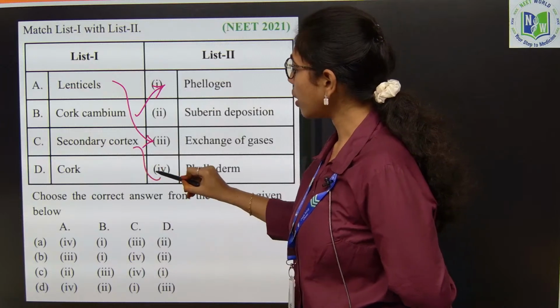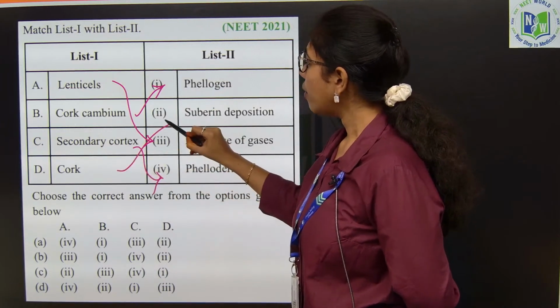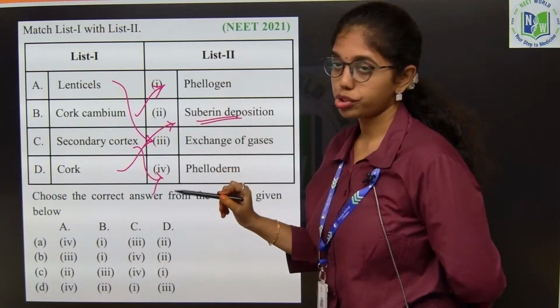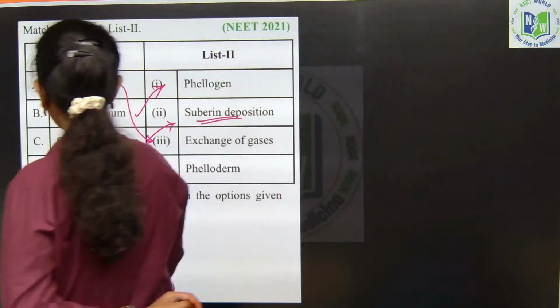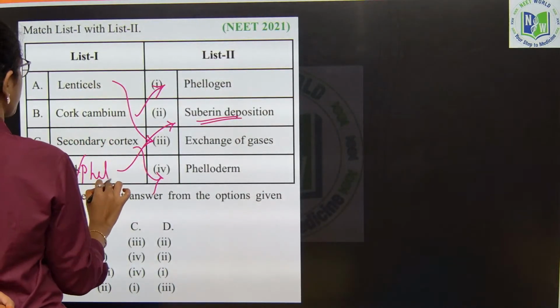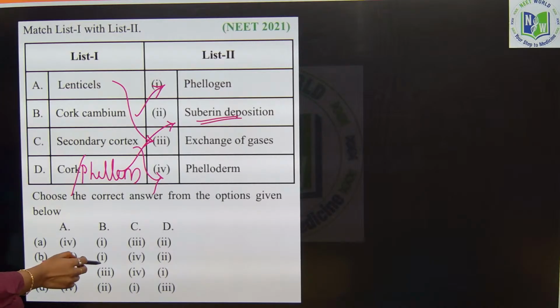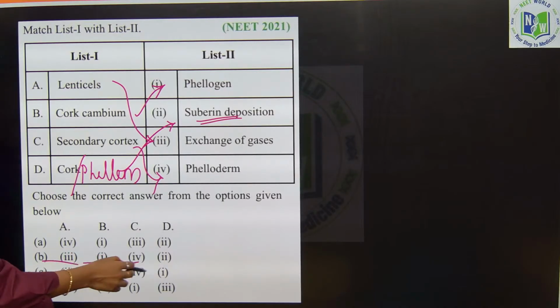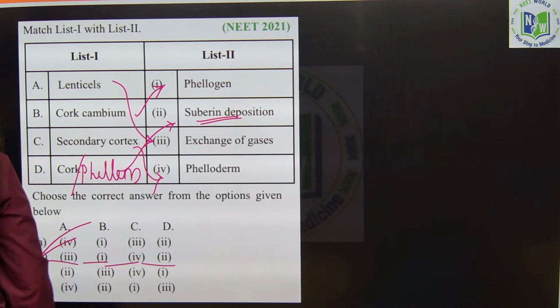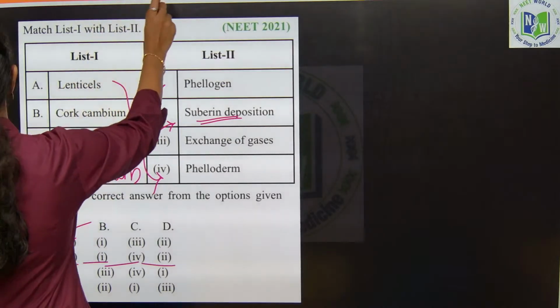Secondary cortex or phelloderm. Cork, or phellem, will have suberin depositions. So here, what is the right answer? A is 3, B will be 1, C is 4 and D is 2. Option B is the right answer. And next question.